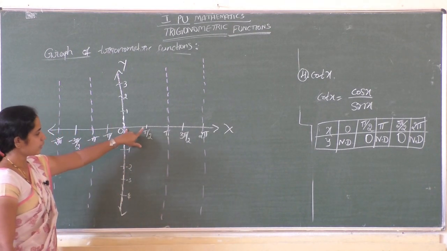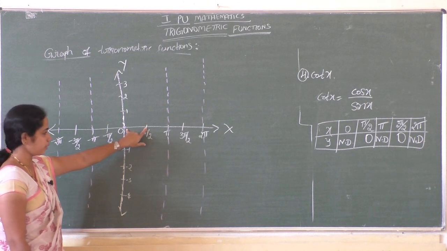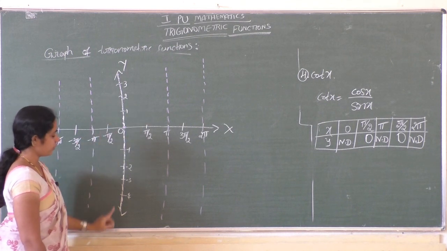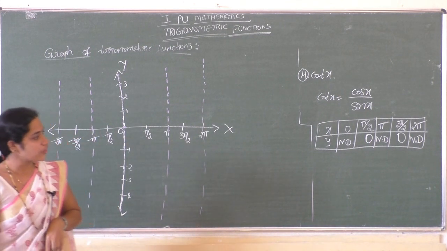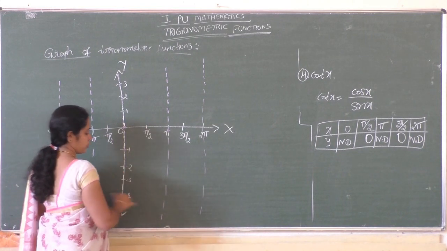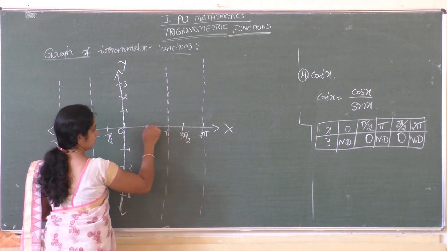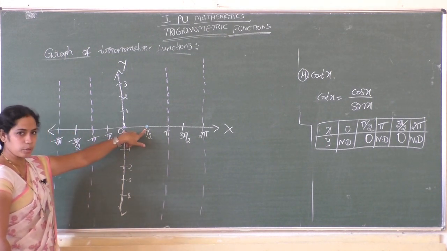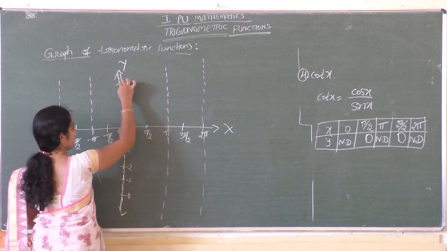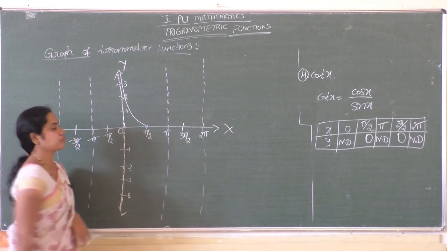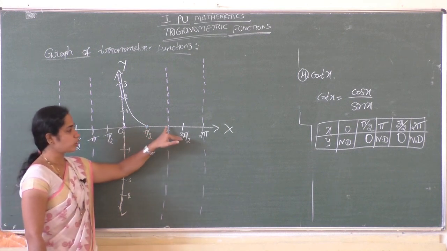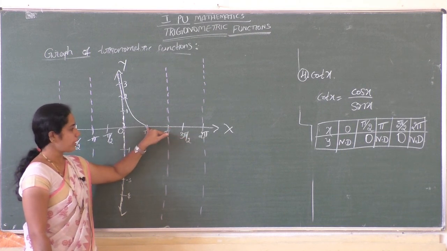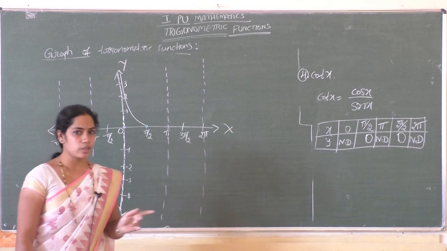Now see, 0 to pi by 2 is the first quadrant. For 0 it is not defined, so it may be plus infinity or minus infinity. For pi by 2 the value is 0. In the first quadrant all are positive, so it decreases from infinity to 0. Pi by 2 to pi means the second quadrant.